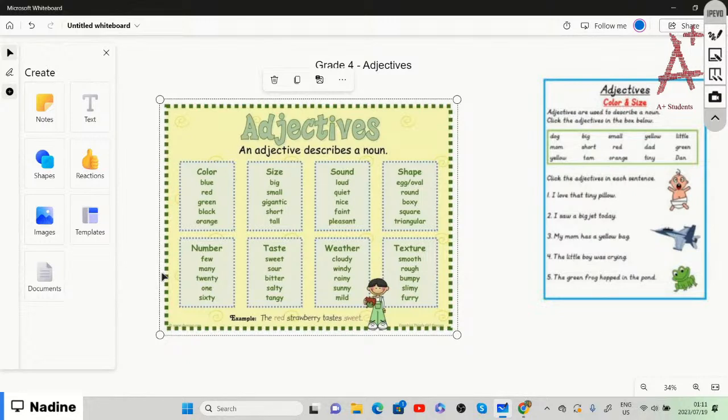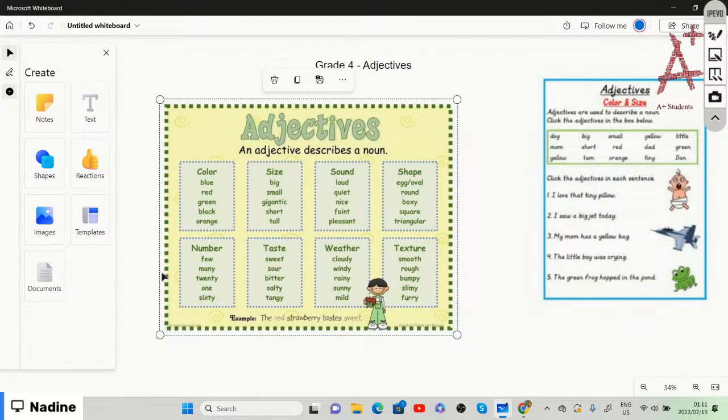Adjectives can also describe based on taste, so maybe we can say the sweet grapes or the bitter grapes. That is also how we describe a noun.